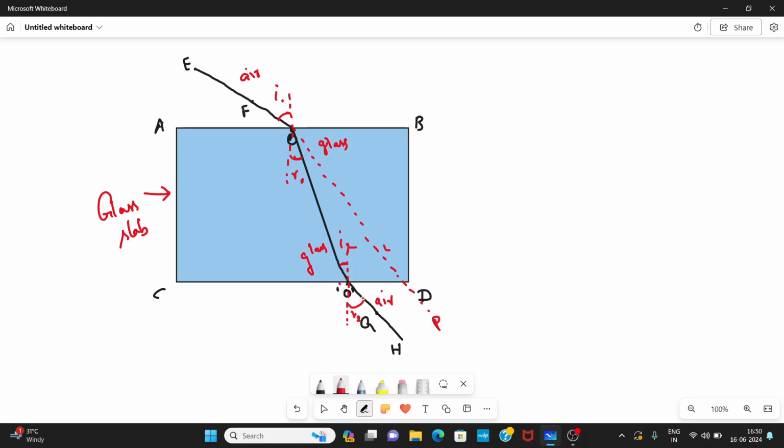Now analyzing this and arriving at results, what does Snell's law say?